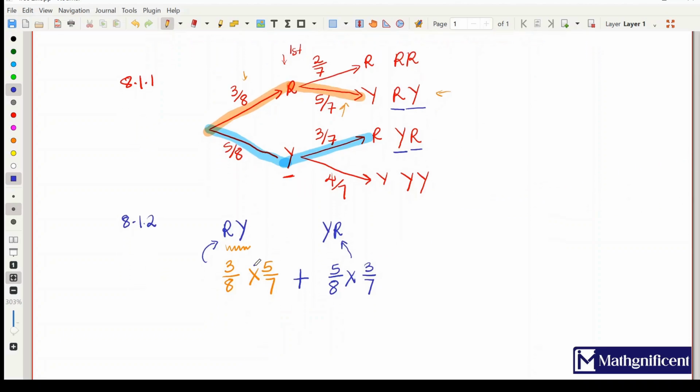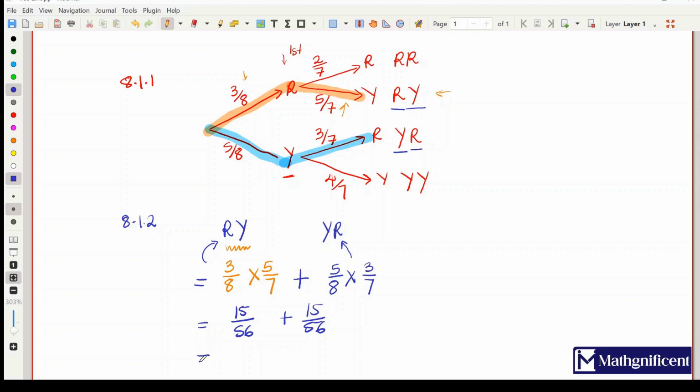Now when we punch this into our calculator, we get 15 over 56. And for the other one we still get 15 over 56, because this is 5 times 3, and the other is 3 times 5 again.